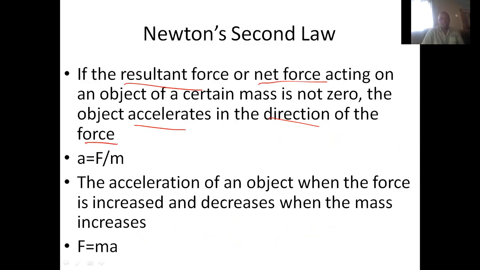And so the implication is that the acceleration of an object when the force is increased, it increases, and it decreases when the mass increases. In other words, acceleration is directly proportional to the force.